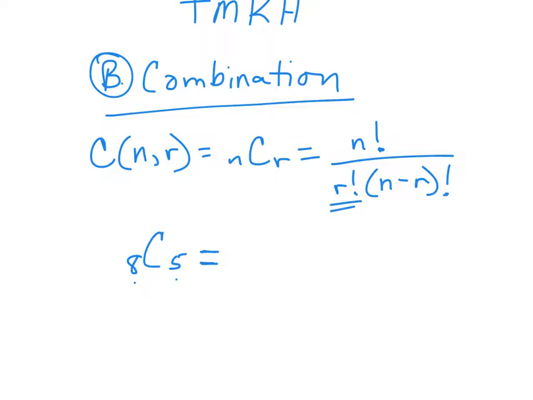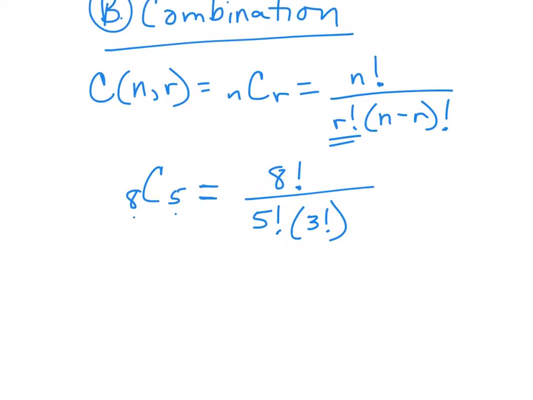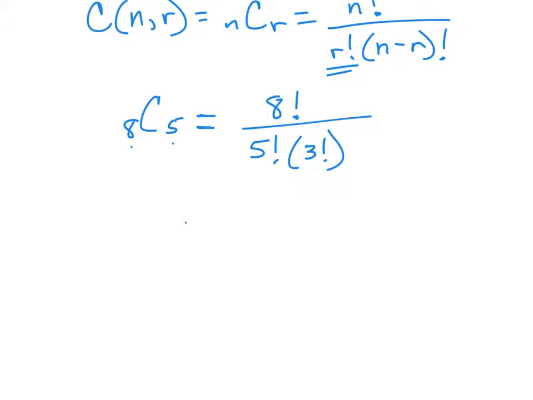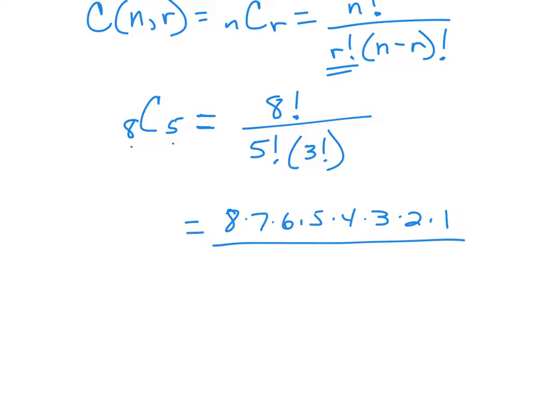Okay, so how's this going to flesh out? Well, we'd have 8 factorial for our n factorial. r factorial would be 5 factorial. And n minus r would be 8 minus 5, which gives me 3 factorial. 8 factorial is 8 times 7 times 6 times 5 times 4 times 3 times 2 times 1. 5 factorial is 5 times 4 times 3 times 2 times 1.